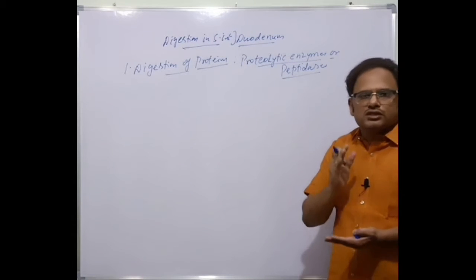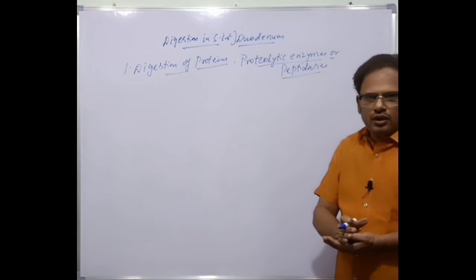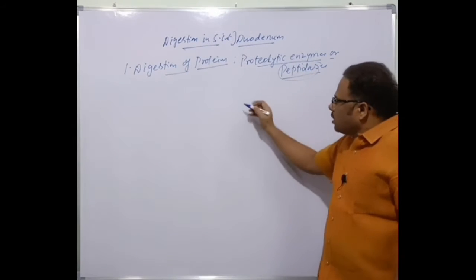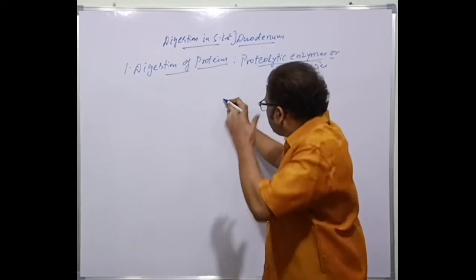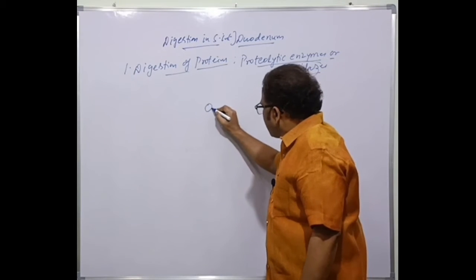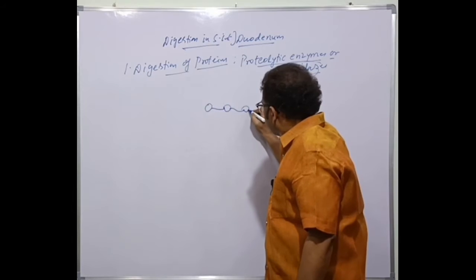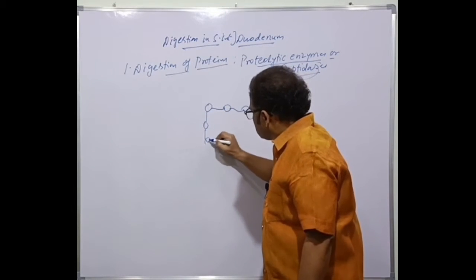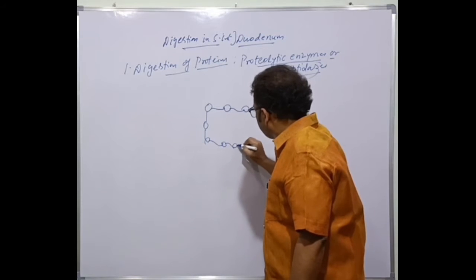Lysis means dissolving, hydrolyzing here. Isn't it? They are nothing but peptidases because what is a protein? It's a macromolecule. For example, this is a macromolecule called protein. This is a polypeptide chain, for example.